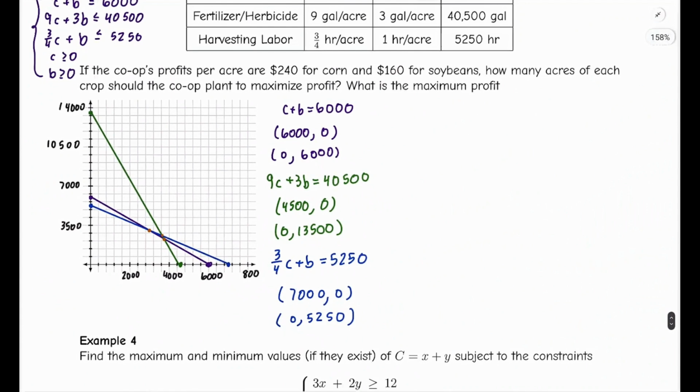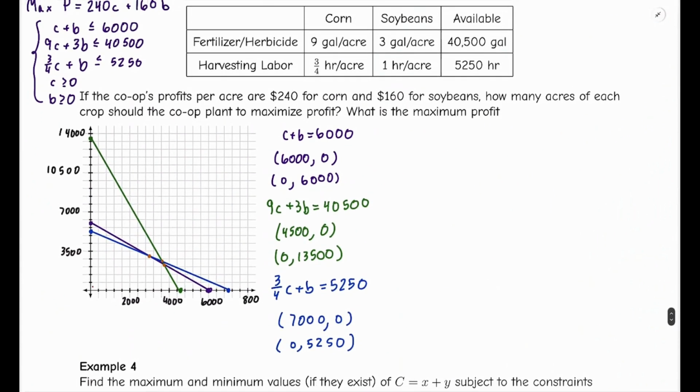Now to find the shaded region, I'm going to just pick the point (1, 1). I'm not going to actually plug them in this time because I hope you realize if you plug 1, 1 into these inequalities up here, they're definitely going to be less than the thousands that we have on the right hand side. And 1's greater than 0 and 1's greater than 0.